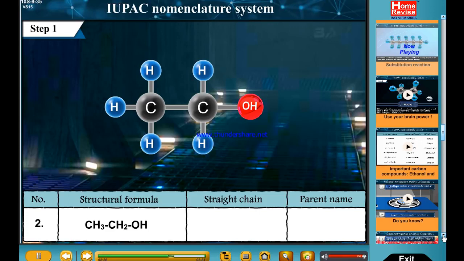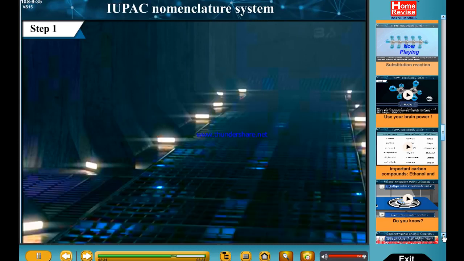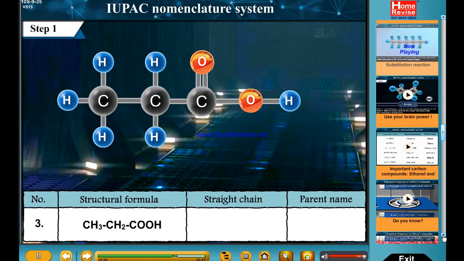The straight chain formed is C single bond C. Parent name is ethane. 3. Structural formula CH3CH2COOH. The straight chain formed is C single bond C single bond C. Its parent name is propane.